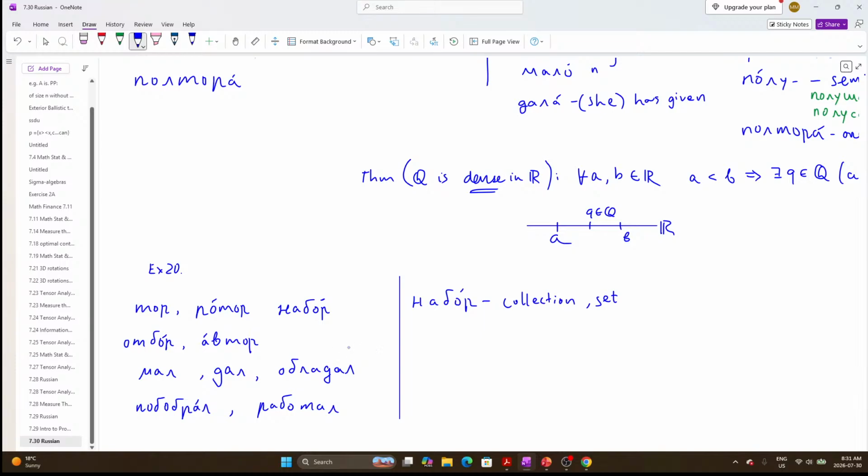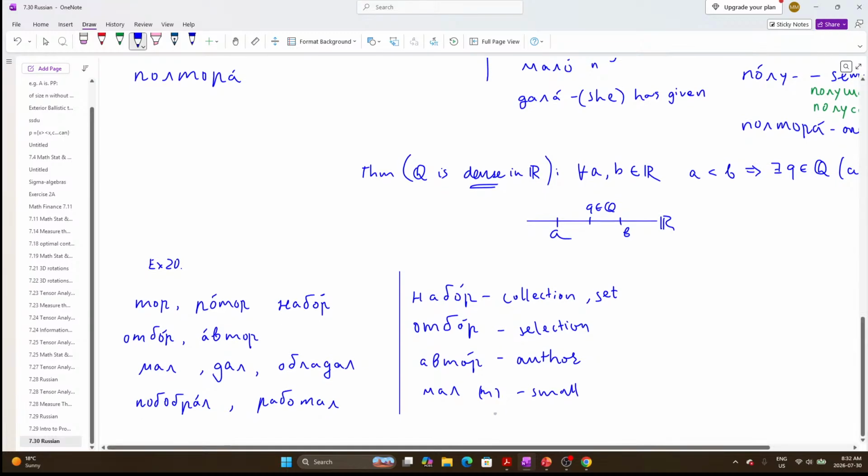Отбор, selection. Okay. And after is author. Mal is small. We've seen that earlier. Dal, he has given.